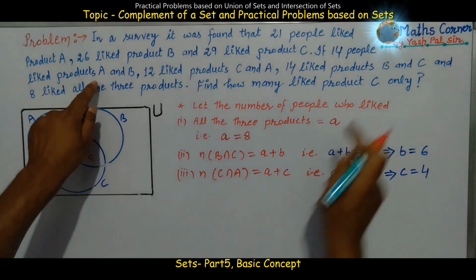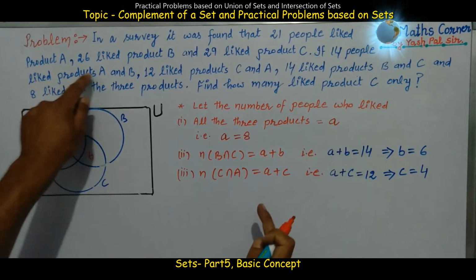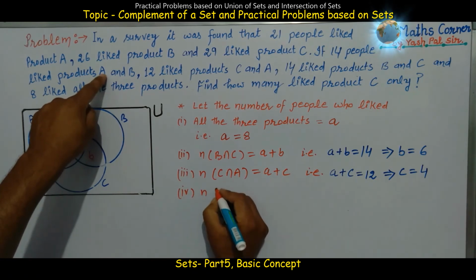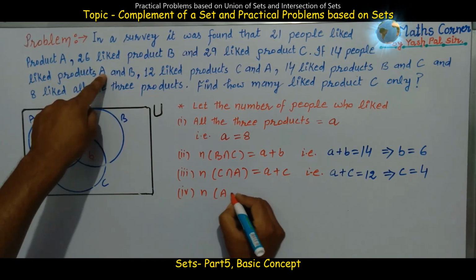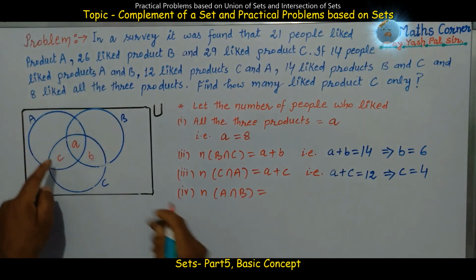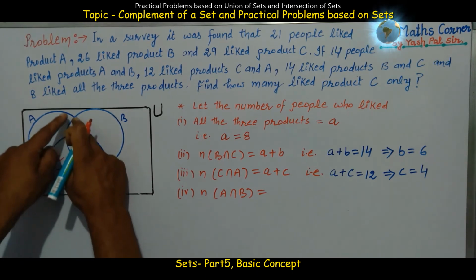Now coming backside, 14 people liked products A and B. So the number of people who liked product A intersection B is this portion.